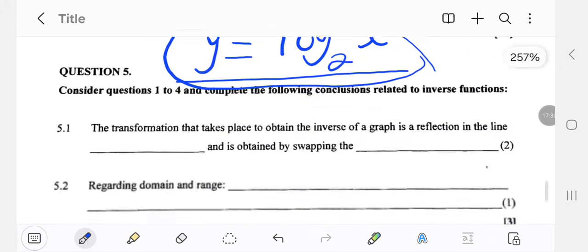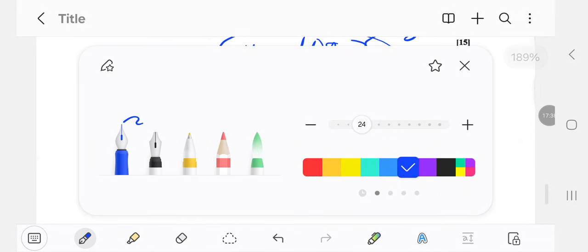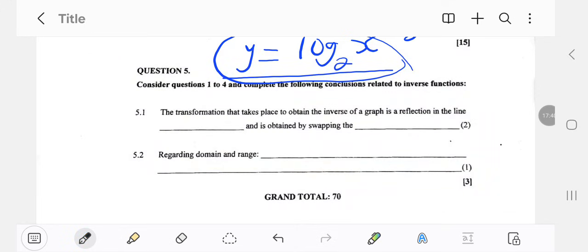So question 5. Let's conclude. The transformation that takes place to obtain the inverse of a graph is a reflection in the line y equals x.